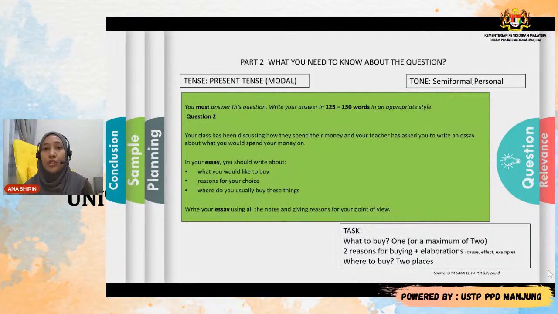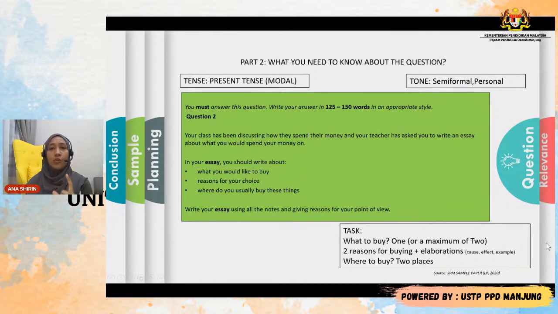It also shows your ability to write a complex grammatical structure, which is what we're starting to look at in part 2 of your SPM question. In the first part, we are looking at simple grammatical structures, but here we are looking for complex grammatical structures, some of it. So your ability to use passive sentences would establish that.